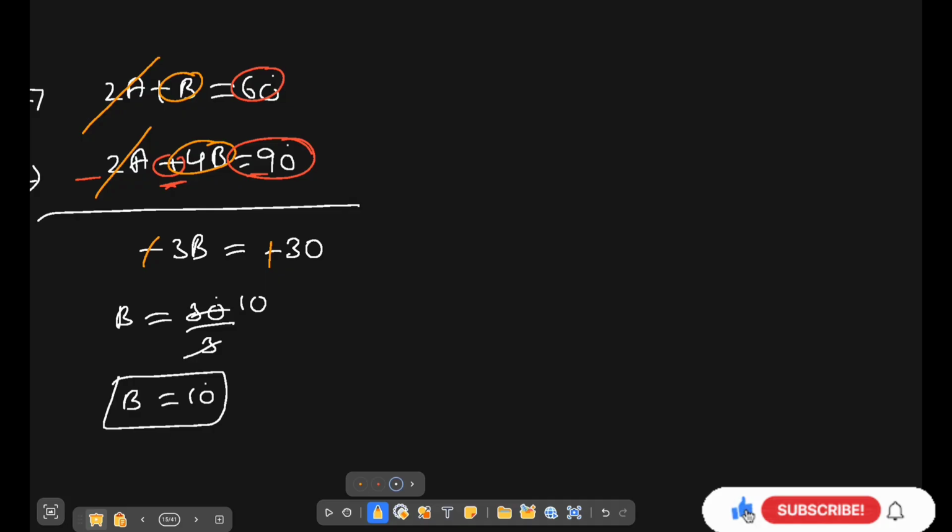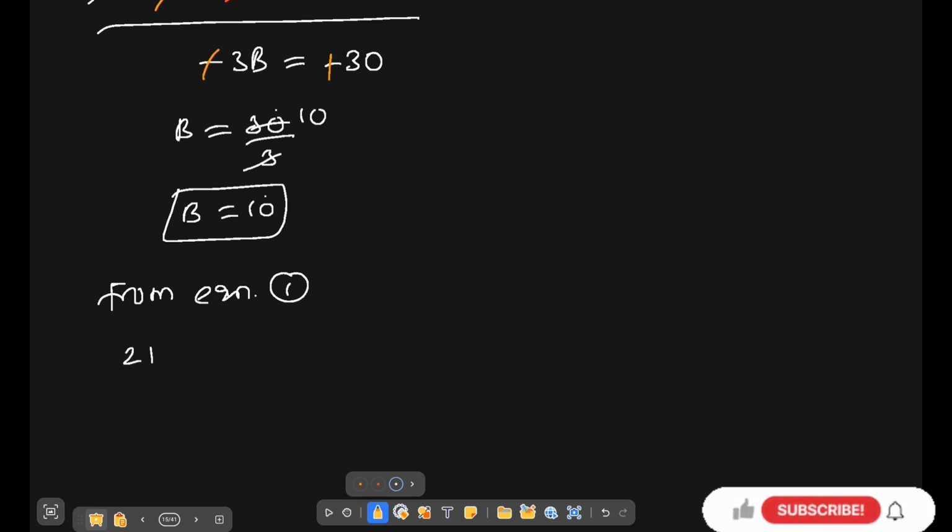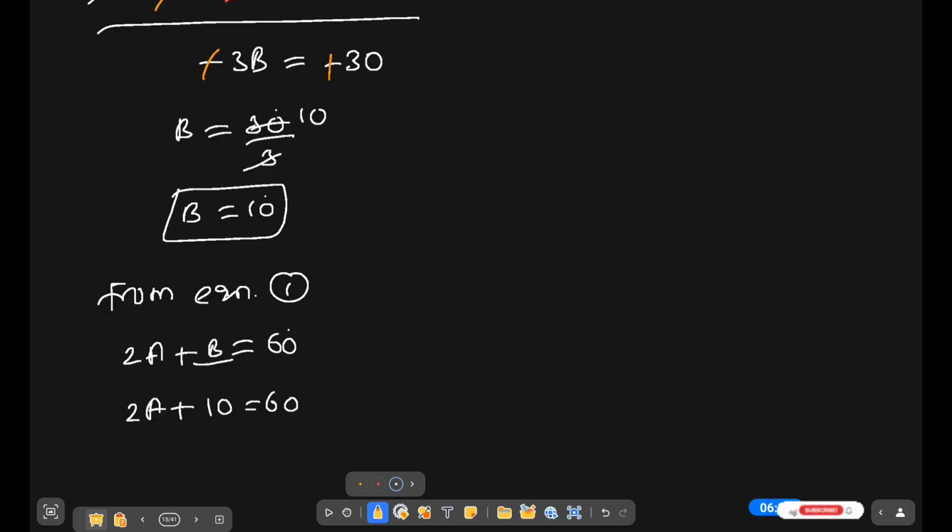To get the A value, we have to take equation 1 or equation 2. Let's take equation 1. What is equation 1? 2A plus B is equal to 60 degrees. Here, in place of B write 10. 2A plus 10 is equal to 60.